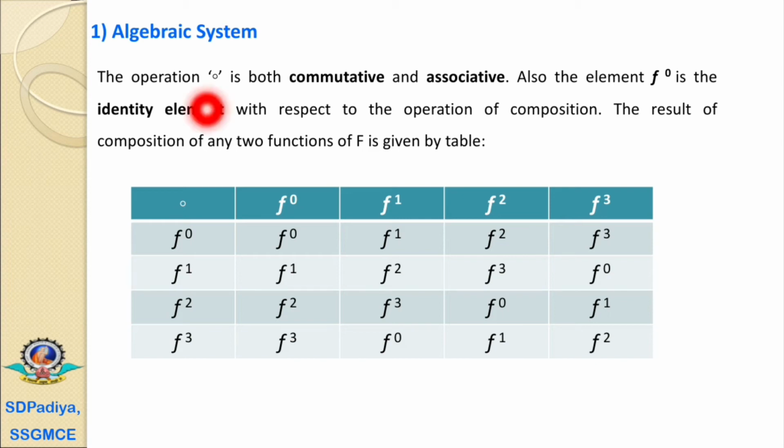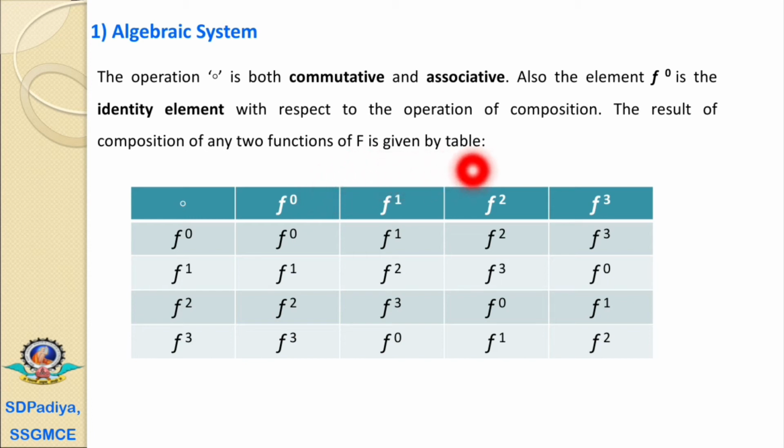The operation of composition is both commutative and associative. Also the element f raised to power 0 is the identity element with respect to the operation of composition. The result of composition of any two functions of capital F is given by the table.